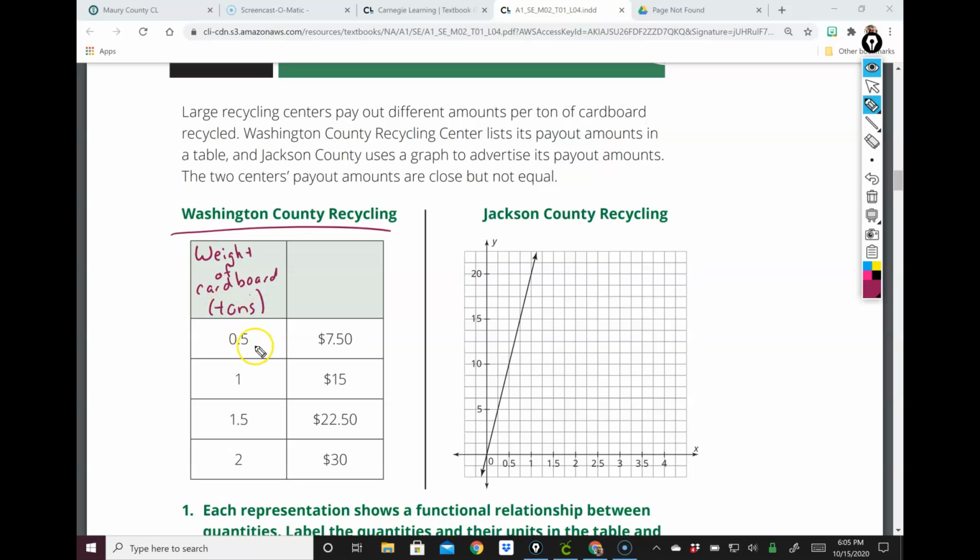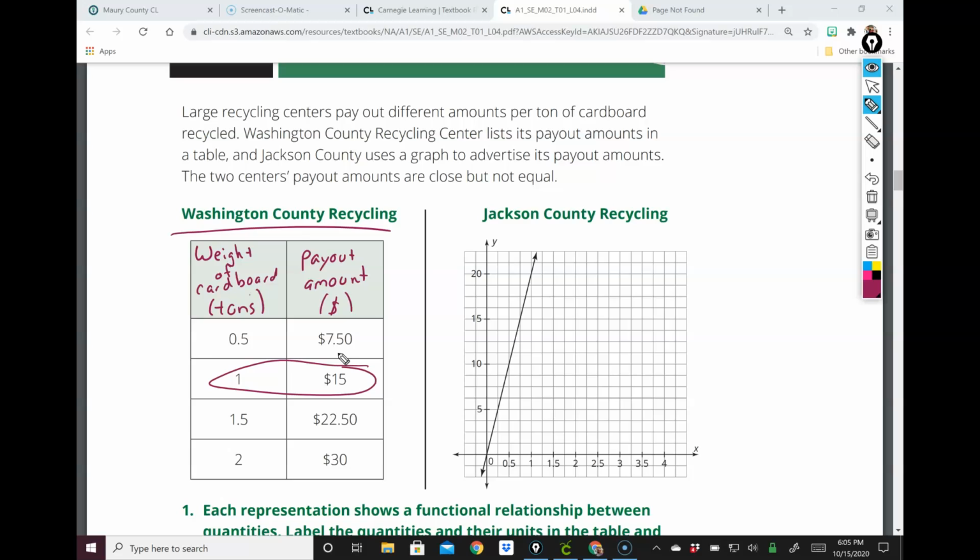So we start out with a half a ton, 1 ton, 1.5, and 2 tons. And then the right-hand column will be the payout amount, which will be money. So if you notice, for 1 ton is $15.